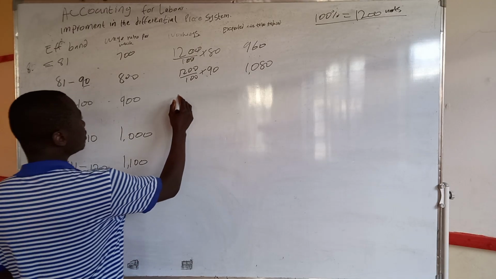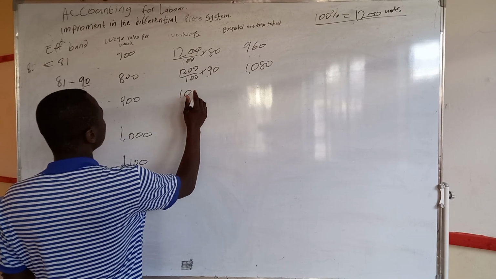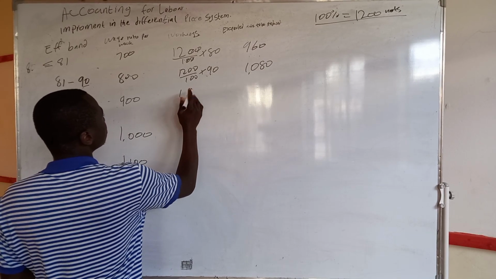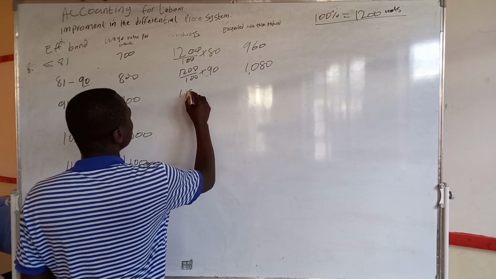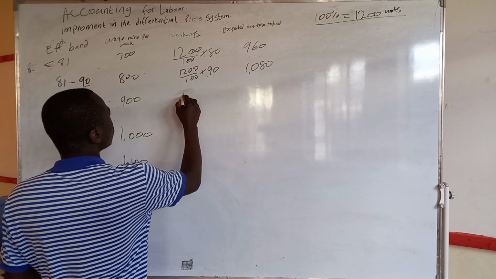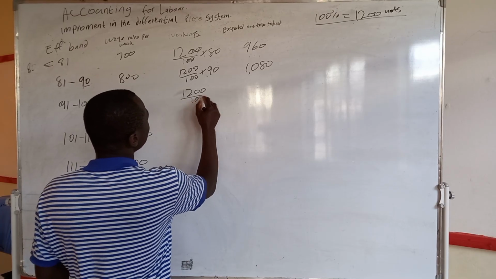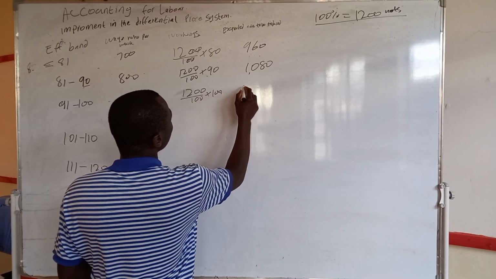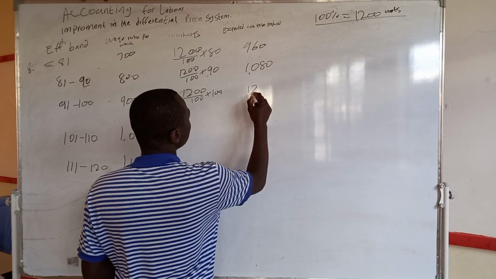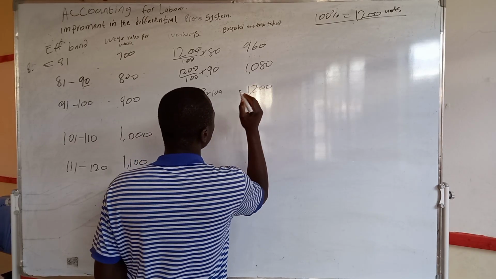Then we have 100: 1,200 over 100 times 100, that will be 1,200.